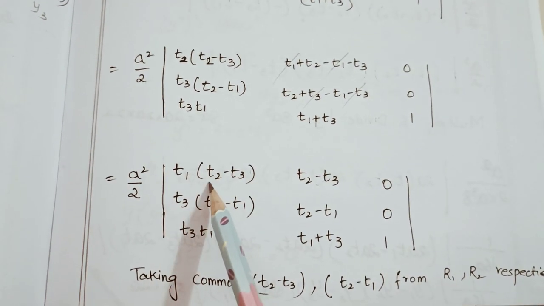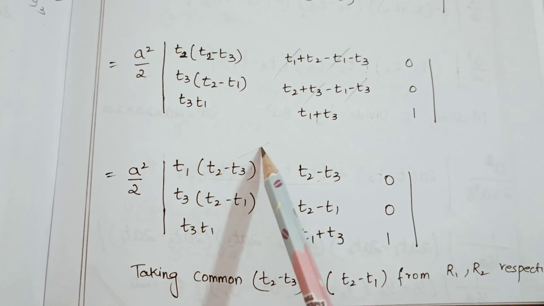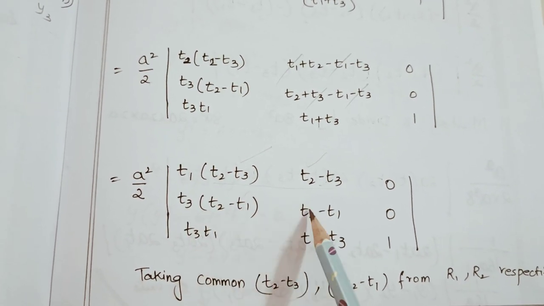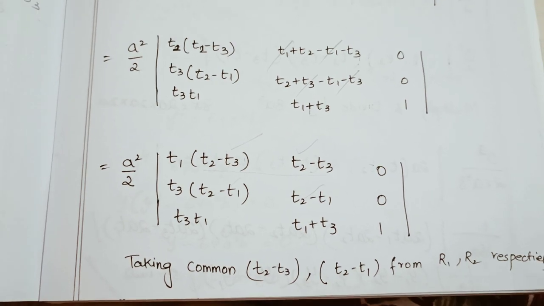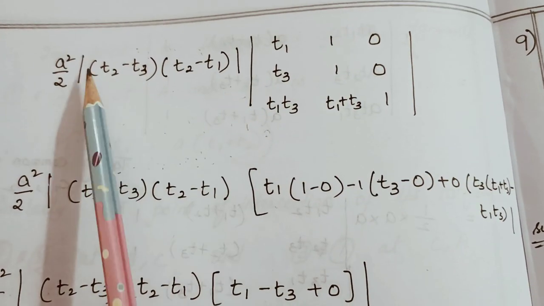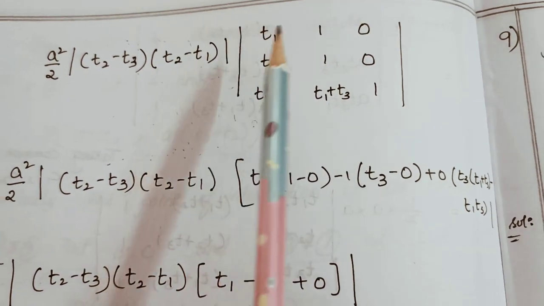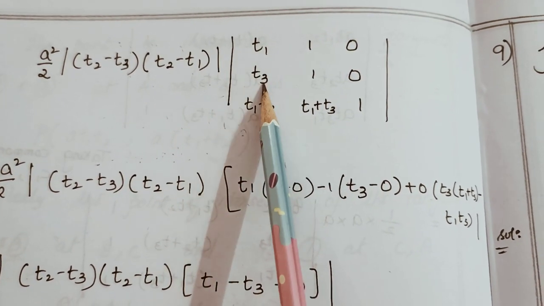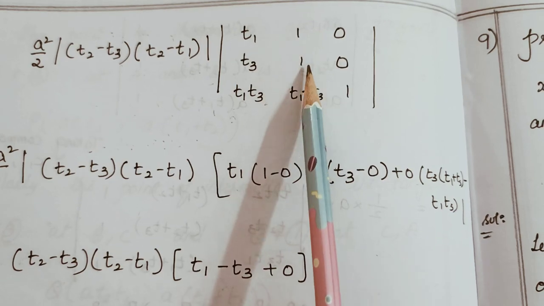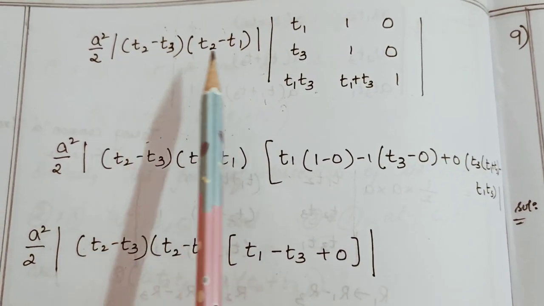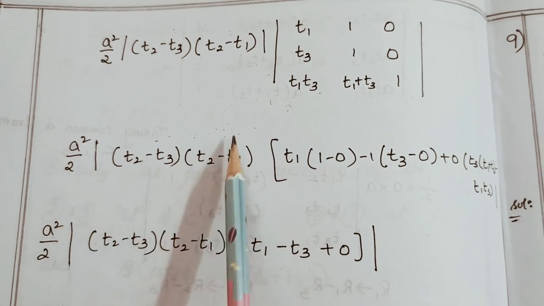From R1 we can take common this, and from R2 we can take this common. Okay, a square by 2, T2 minus T3, T3, T2 minus T1. You are left with T1, T3, T1, T3, 1, 1, 0, 0, T1 plus T3, 1. Okay, after taking common, a square by 2, this is common.